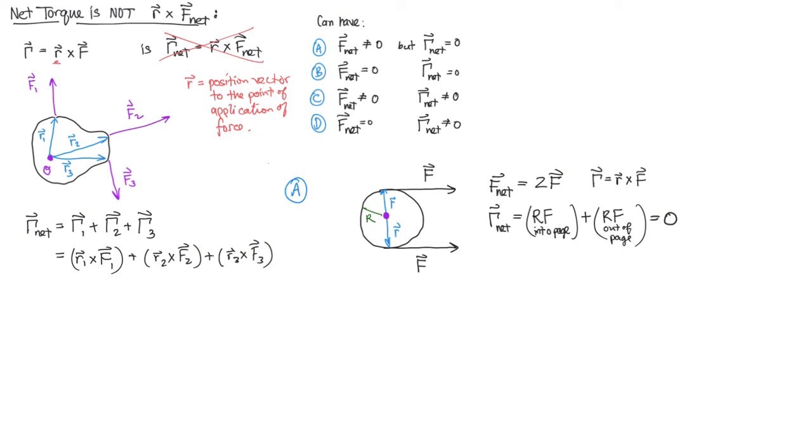Okay, how about situation B, which is asking us to find a scenario where we have a net force of 0 and a net torque of 0. Again, we're going to restrict ourselves to drawing circles with two forces on them, and we're going to take our origin to be in the center of the circle, like so.